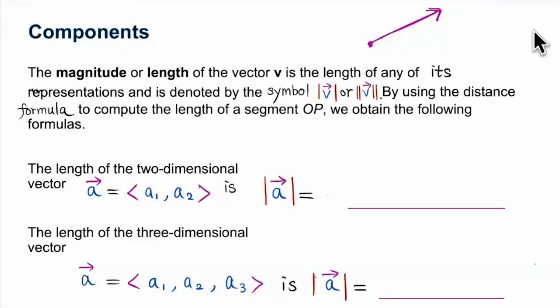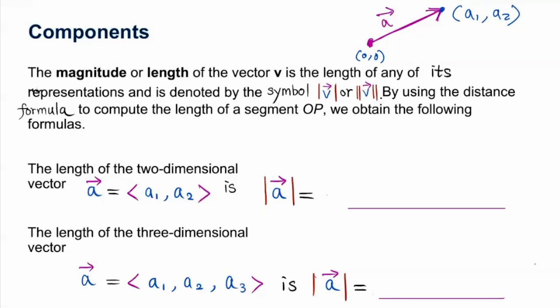This point over here is (A1, A2), and the vector is one representation starting from the point (0, 0) and pointing to (A1, A2).